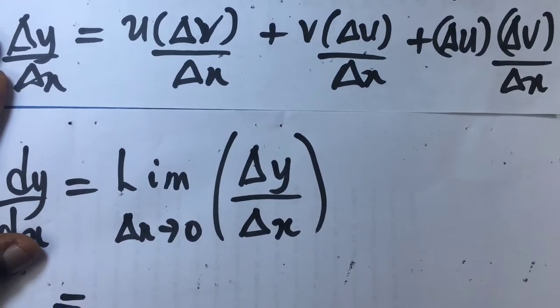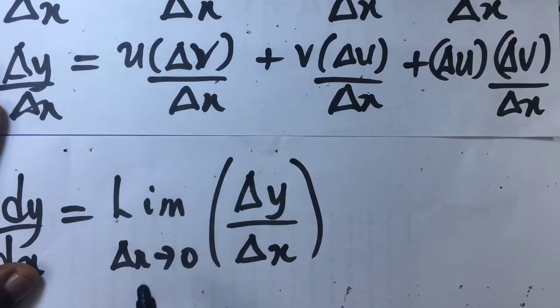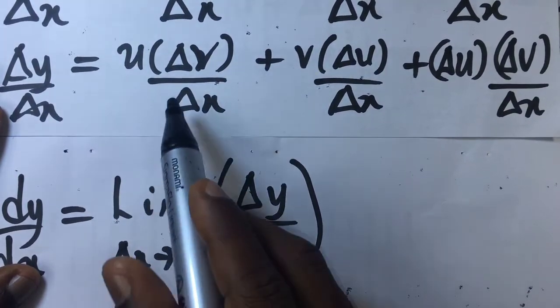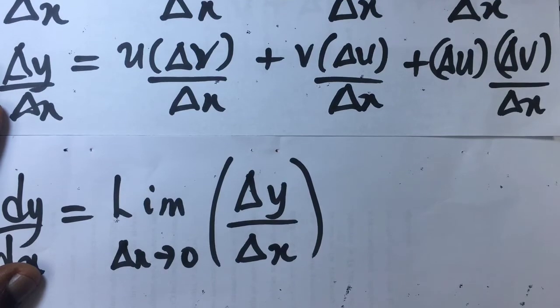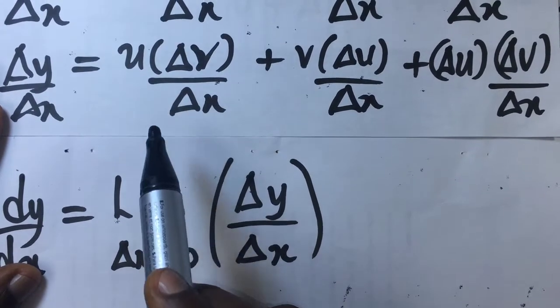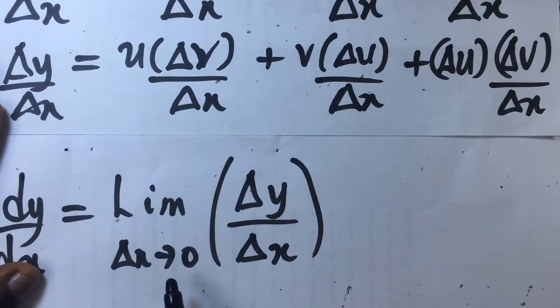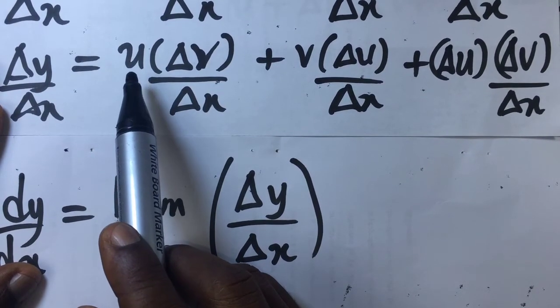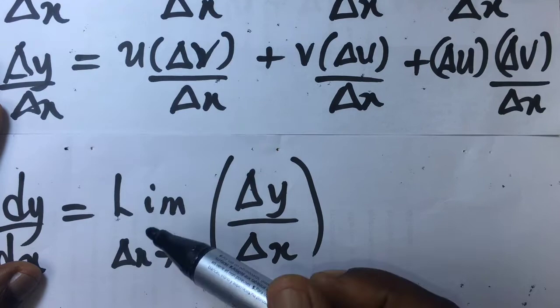So what we are going to do, take note, will be to take the limit of each of these terms in the sum. Now what you should know is that since we are taking the limit as change in x tends to 0, everything that is not changing x is seen to be a constant by this limit.